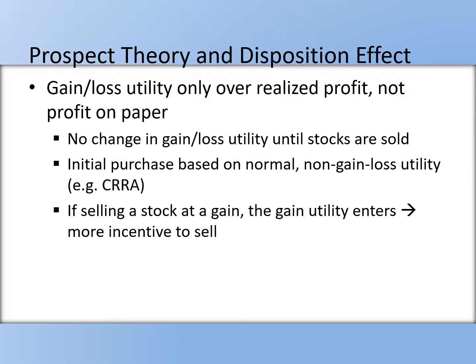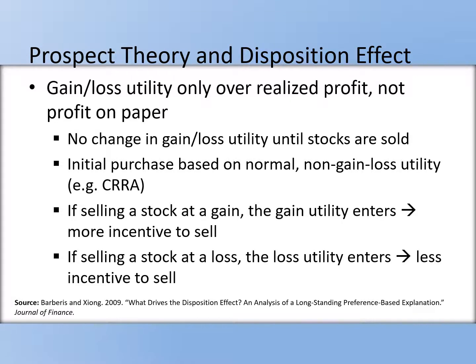Right? So this second part, the CRRA part, always exists. So you always have this normal-looking concave utility that gives you part of your utility. When you try to sell, if the stock is at a gain, the gain utility gives you an extra boost in utility. Whereas if you're selling at a loss, the loss utility enters and gives you an extra negative portion in utility.